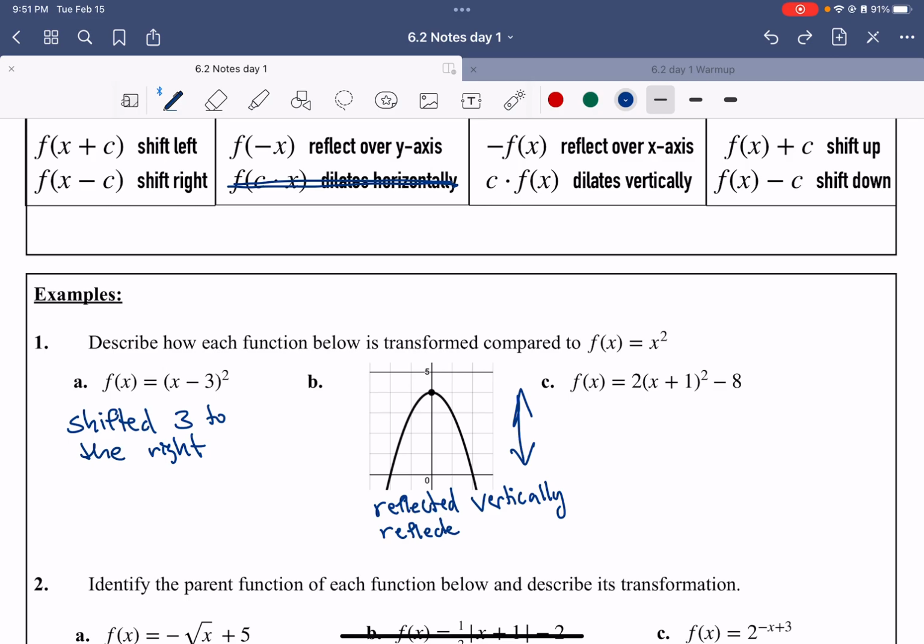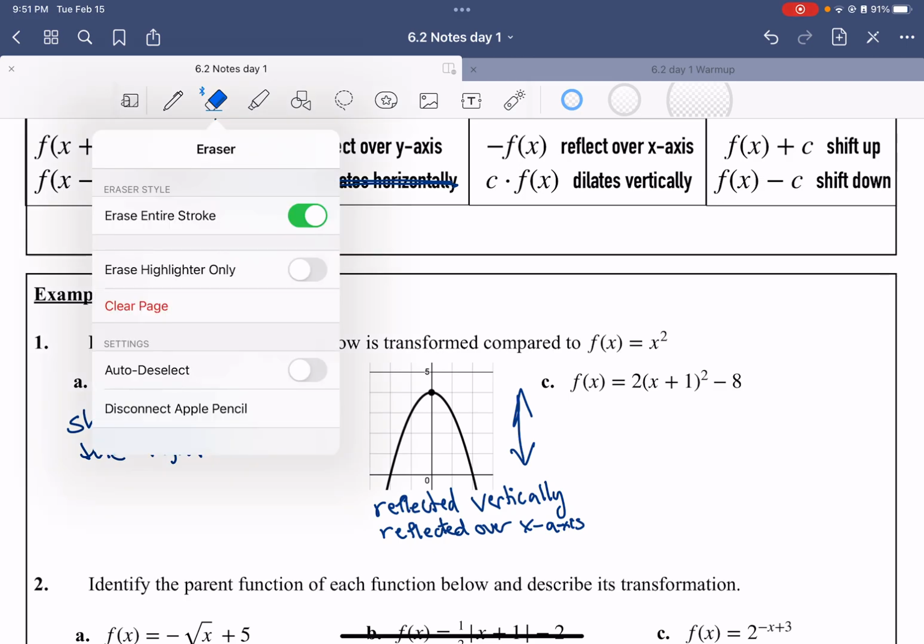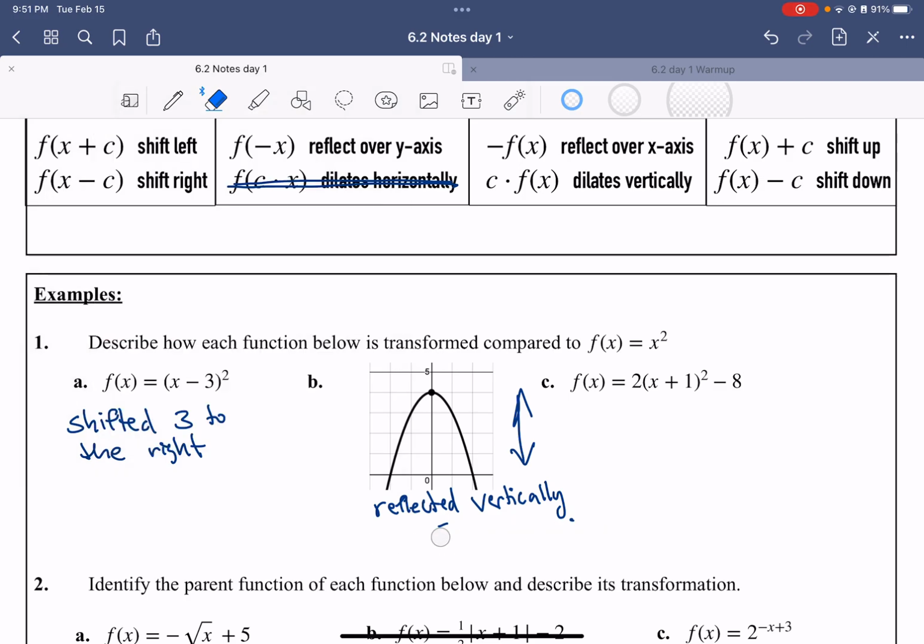Because this is our x-axis right here, and it's flipped upside down compared to that. So you could say either one of those, whichever one makes more sense for you. I like to say reflected vertically because that makes more sense to me, but you could say either of those. You don't have to say both. So I'm going to just get rid of the one, reflected vertically.